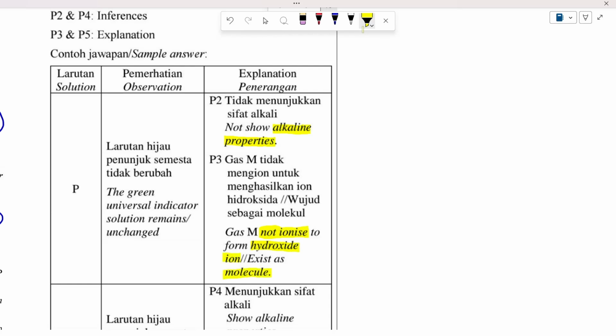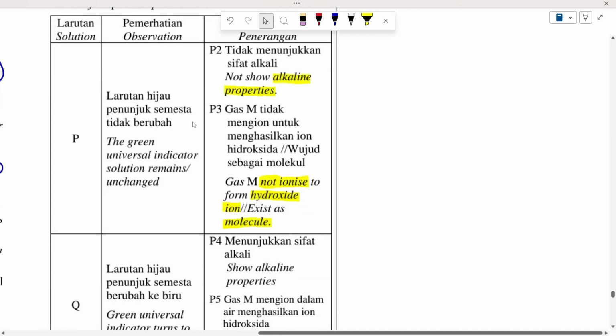So the student must write no hydroxide ions or remains in the molecule form, then only can get point number 3. Is that okay? This is for solution P. Any question? Then you cannot get point number 1 also.